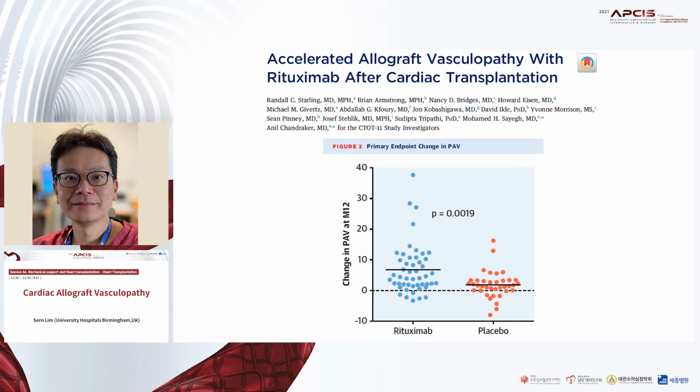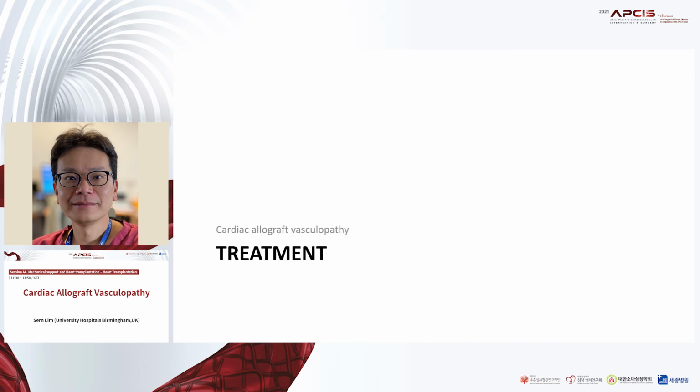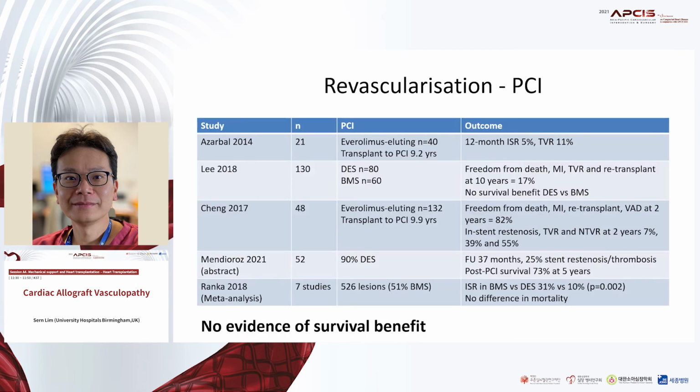I'm just going to focus on revascularization with PCI, and these are some of the studies that have examined, I guess, more contemporaneous studies using drug-eluting stents. Now, although PCI is largely efficacious, there is still a reasonably high in-stent restenosis rate, but more importantly, a high target vessel and non-target vessel revascularization rate.